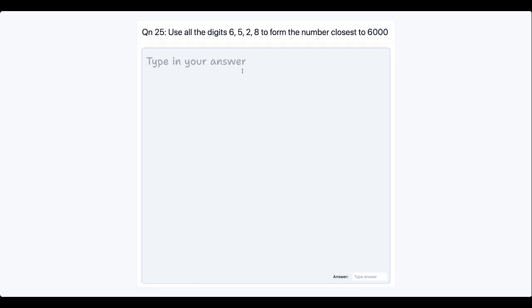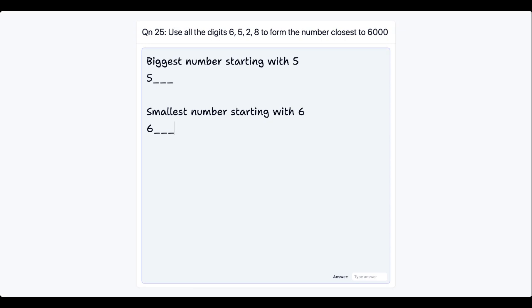There are two numbers you can form. Either the biggest number starting with 5, so 5 something something something, or the smallest number starting with 6, so 6 and then something something something.